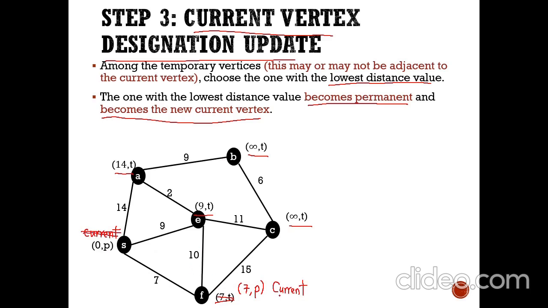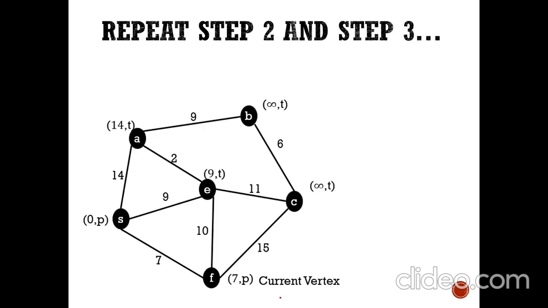And we have this updated graph. Now, because we have a new current vertex, we will go back to step 2 to update the neighbors of the current vertex. So we will repeat step 2. Step 2 is update the neighbors of the current vertex.